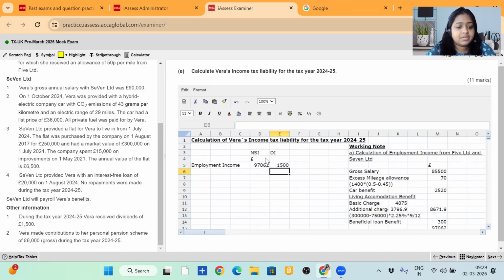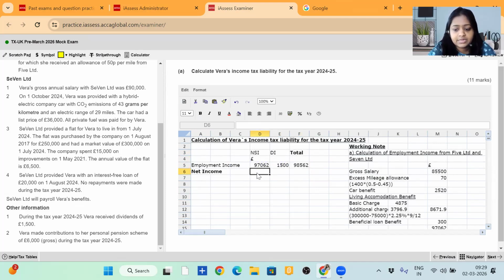Now she has made contributions to a personal pension scheme of 6,000 gross. So let's see the total income, because when the adjusted net income exceeds 100,000, then you know PA will be tapered. So for that working, we need the total also.